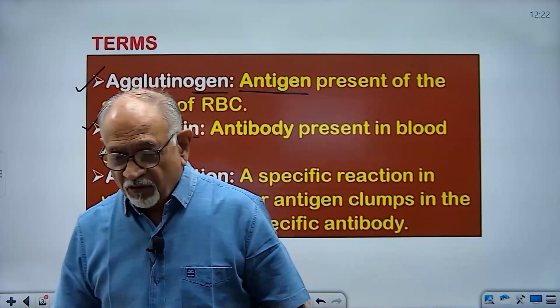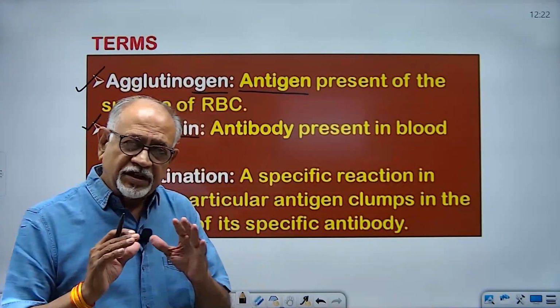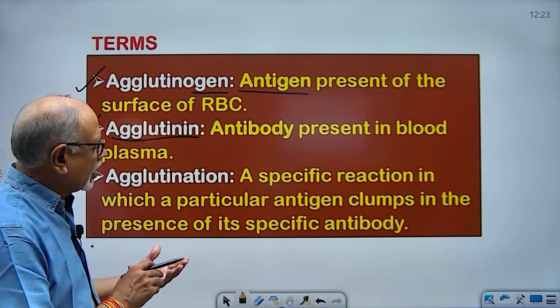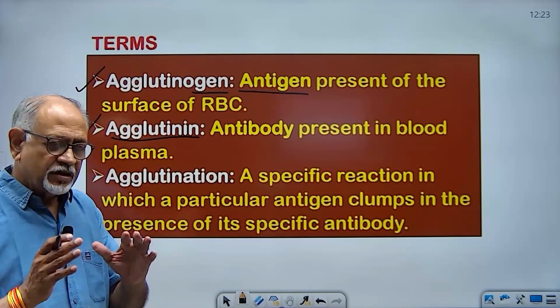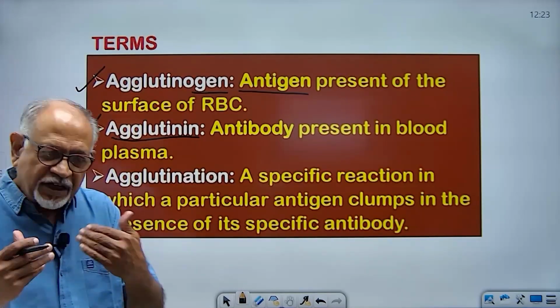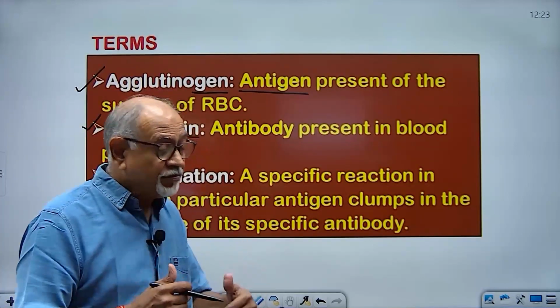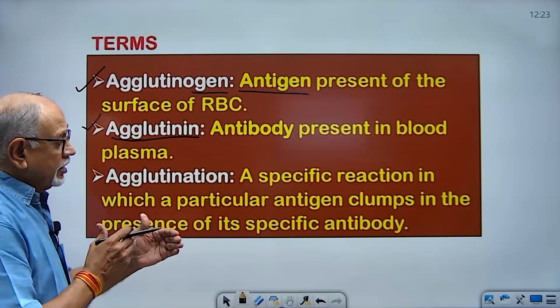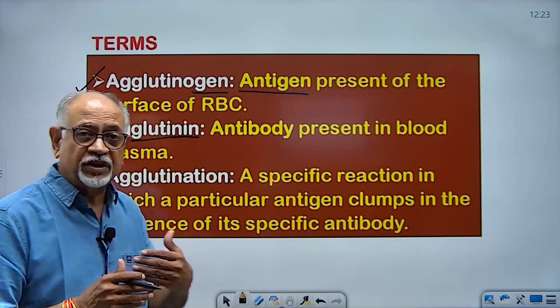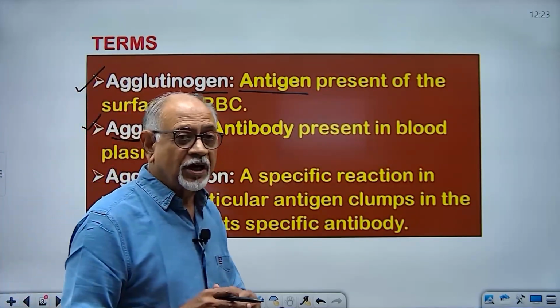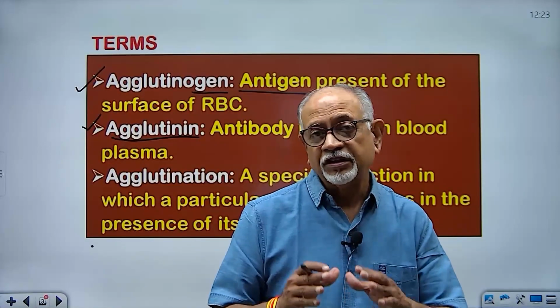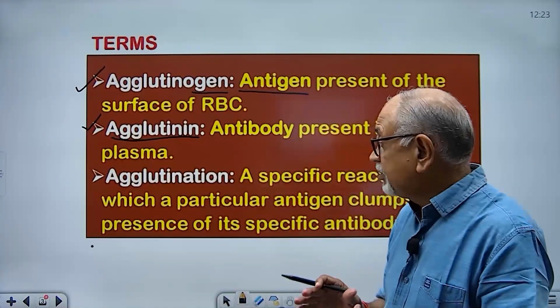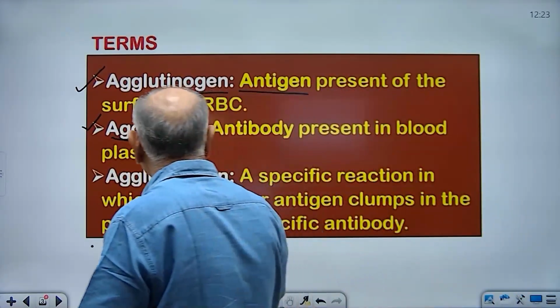Now, when a particular antigen is present on the RBC and a particular antibody for it is present in the blood plasma, then a reaction occurs between these two, thereby hemolyzing the RBCs, and this is called agglutination.